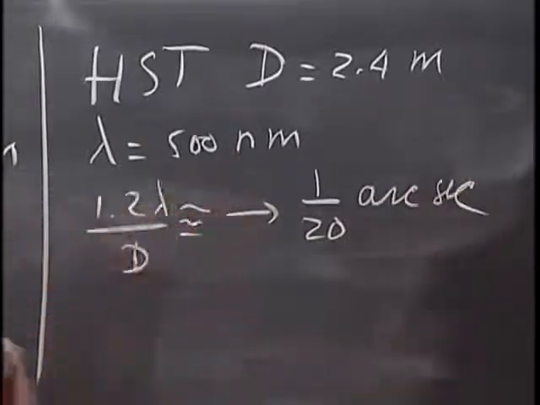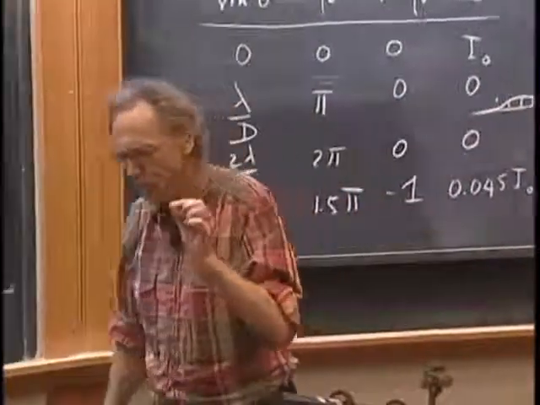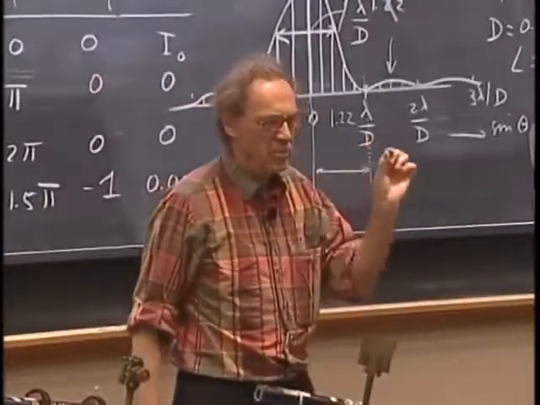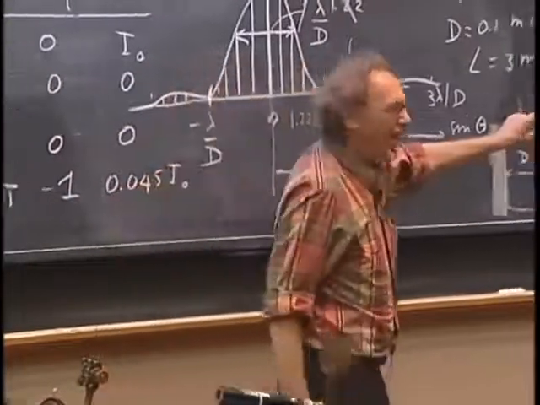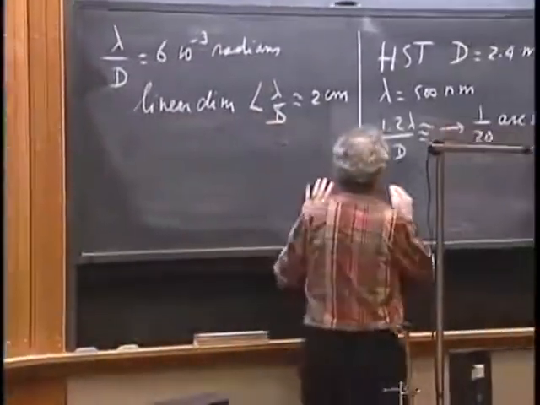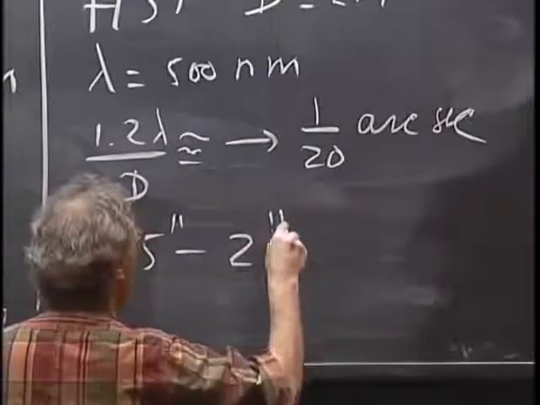That is an incredible resolution. If two stars of equal brightness are 1/20th of an arc second apart, Hubble Space Telescope can see them as two stars. The same telescope on Earth would do no better than half an arc second, to maybe even 2 arc seconds.